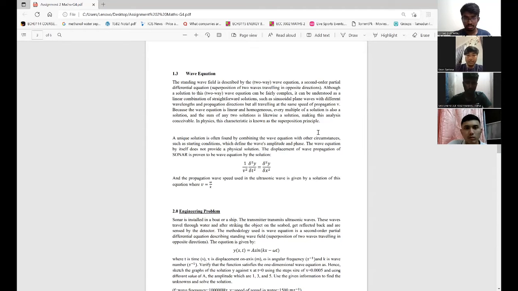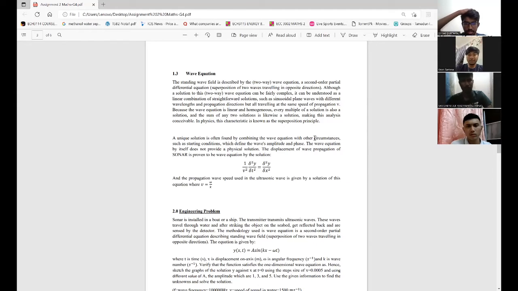The propagation wave speed used in the ultrasonic wave is given by a solution of this equation, where v equals omega over k. So that's the wave equation. That's all from me.